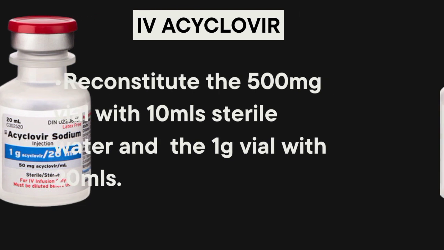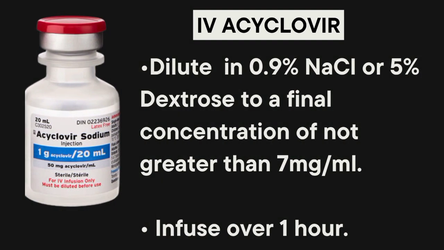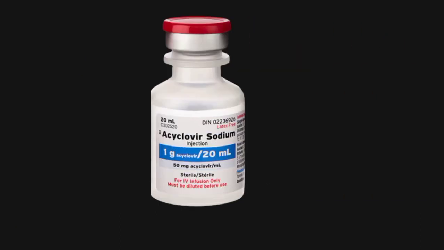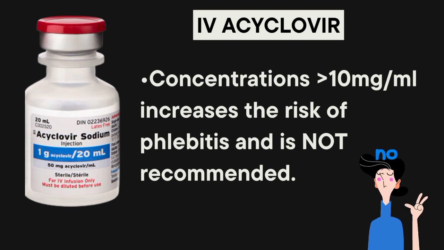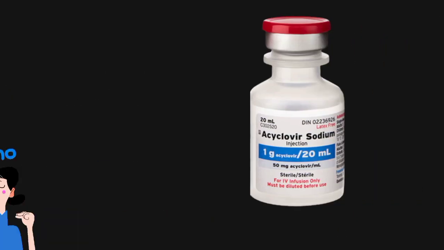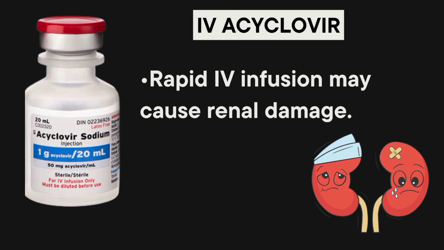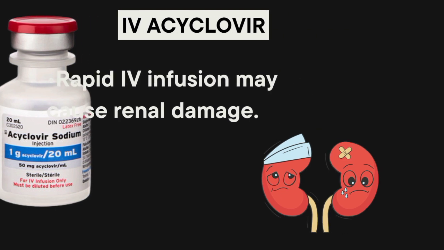Go on and dilute in 0.9% normal saline or 5% dextrose to a final concentration of not greater than 7 milligram per ml, and then you infuse over 1 hour. Note that concentrations greater than 10 mg per ml increase the risk of phlebitis and are not recommended. Rapid IV infusion may cause renal damage. Always remember this: hurting kidneys, and say no to rapid infusion.